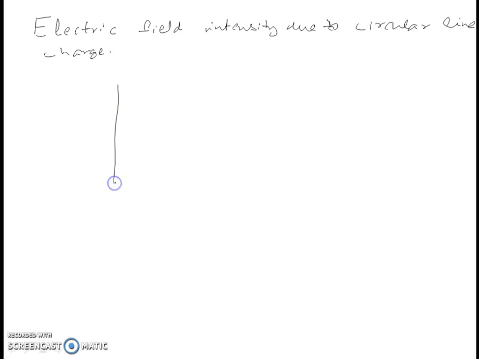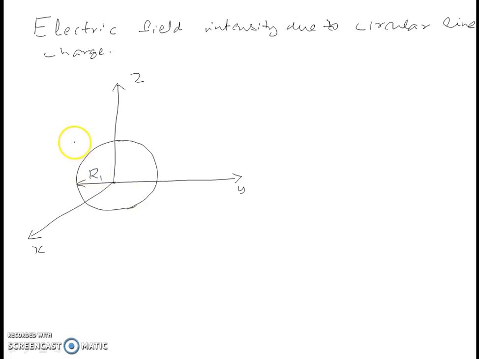Here, let us consider a circular line charge of radius r1. So here the line charge is distributed along this circle of radius r1, and let us say the charge density is lambda L coulombs per meter.